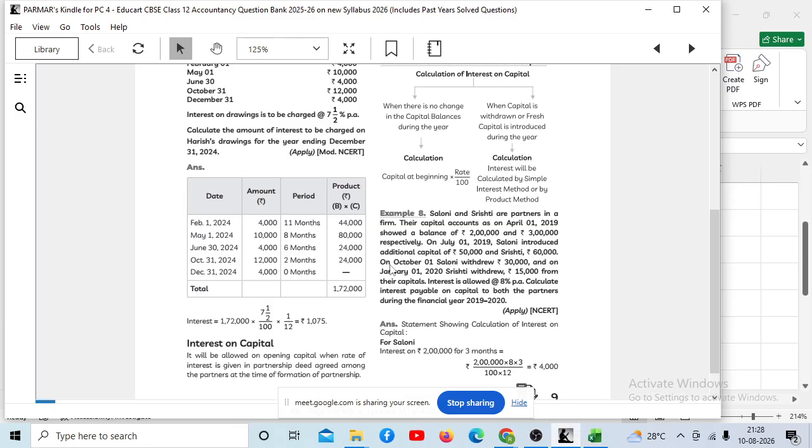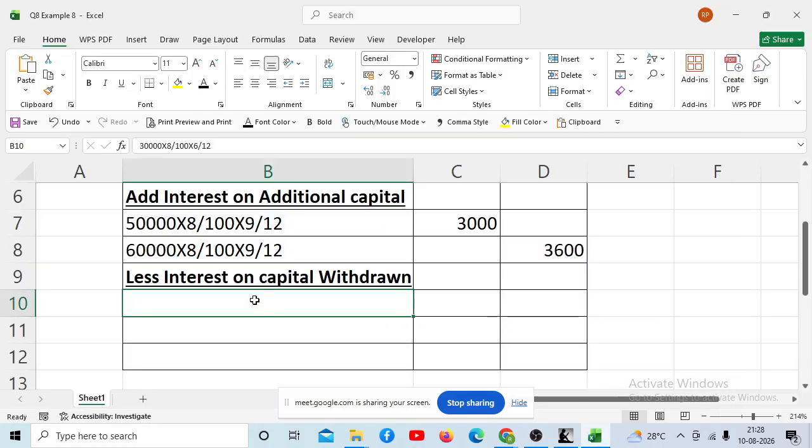On 1st October, Saloni withdrew 30,000. So on 30,000 we will be calculating 8%. But for how many months? From October to March. That is October, November, December, January, February, March. It comes to 6 months, right? So on 30,000 we will calculate 8% for 6 months. Calculate how much it is.